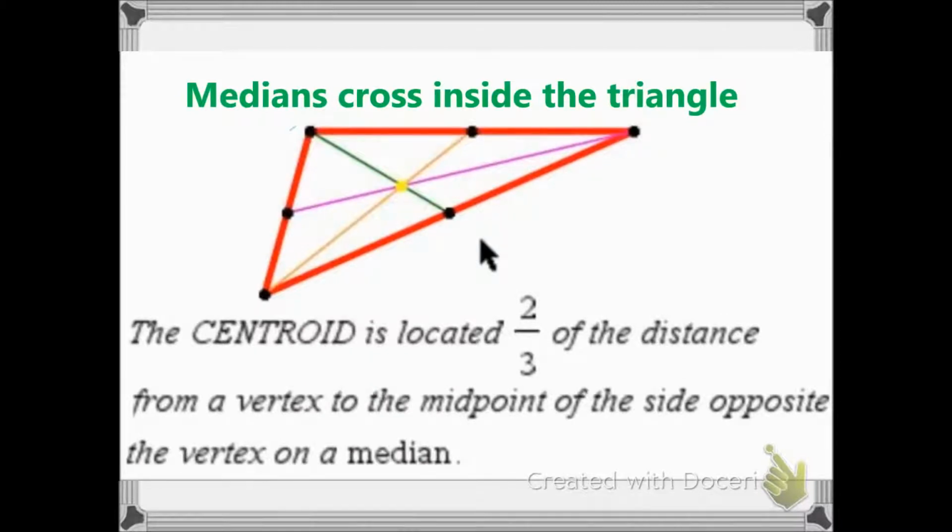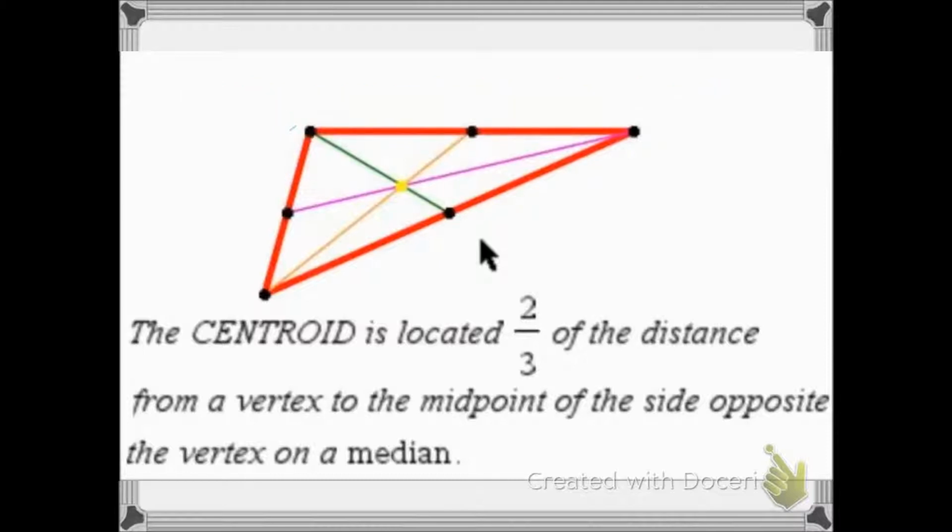Now, the next important thing that you need to know about the centroid is that it is located 2/3 of the distance from a vertex to the midpoint of the opposite side. I'm going to let you look at each part of this so that you can get a feel for how it works. What that is saying is that the distance from a vertex to the centroid is going to be two parts, no matter what the number is.